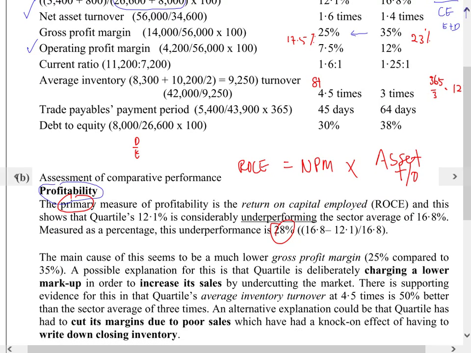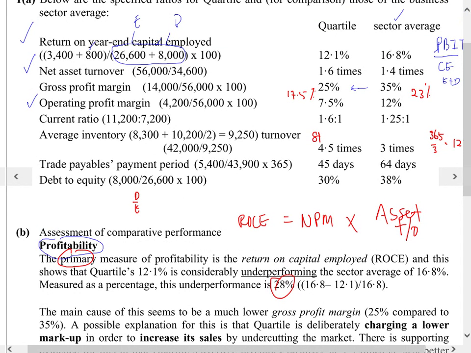The main cause seems, which means we are using judgment, the main cause for this drop or underperformance is lower GP margin. Can you see? When our return is lower, profitability is lower, one of the reasons is this margin. And margin is because of selling price and the cost.